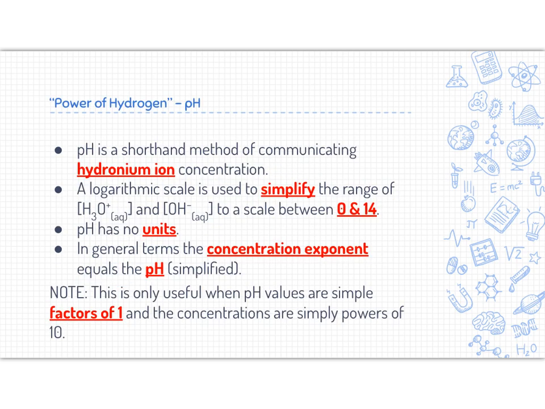So pH is a shorthand method of communicating the hydronium ion concentration of a solution. A logarithmic scale is used to simplify the range of H3O+ and OH- to a scale between 0 and 14. We've seen logarithmic scales recently in the measurement of cases of coronavirus.